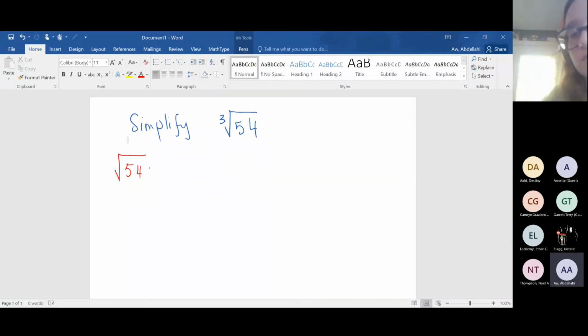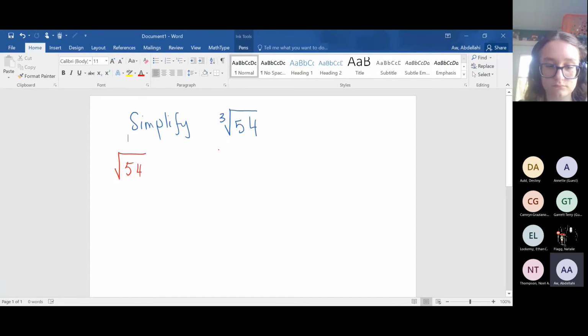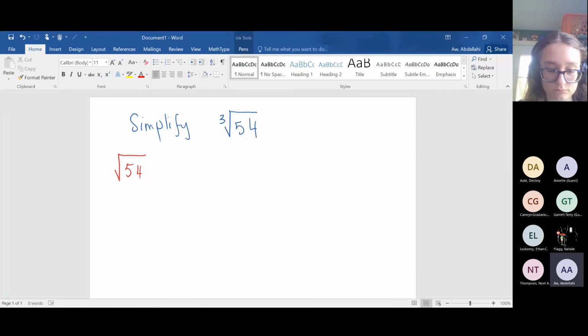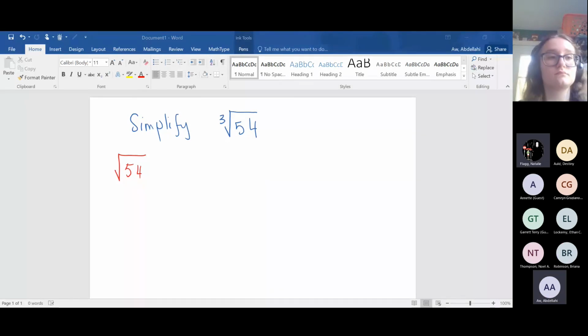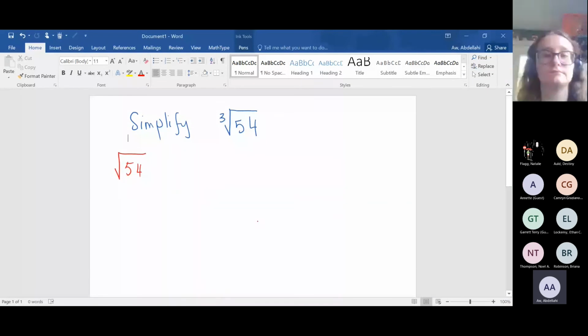What numbers are we going to use? Is it 9 and 6? We would use 9 and 6 because we want one of them to be a perfect square, right?